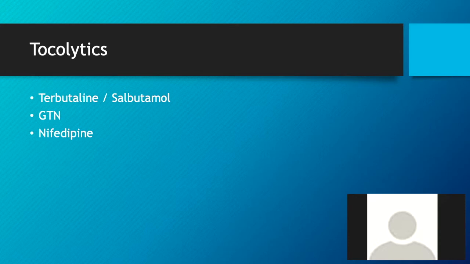But anything else that you've seen on labor ward that can potentially cause relaxation of the uterus? Magnesium sulfate. We're running out. We're desperate. And non-steroidals. Okay.